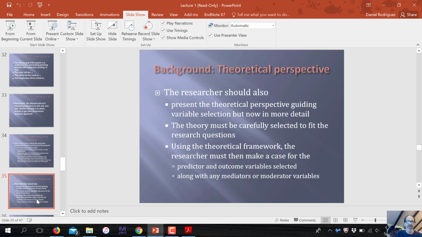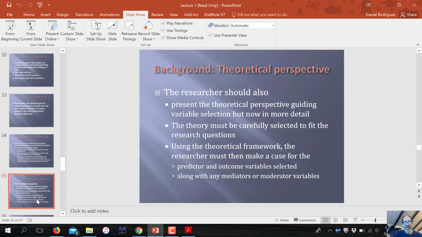It's always good to have a theoretical perspective for your grant. Now, in teaching this course, this has been an area that's been difficult for students to understand. How do I blend my theoretical perspective with what I'm doing to make it not look obvious that I'm just adding a theoretical perspective in there? That happens a lot. I like using the bioecological model.